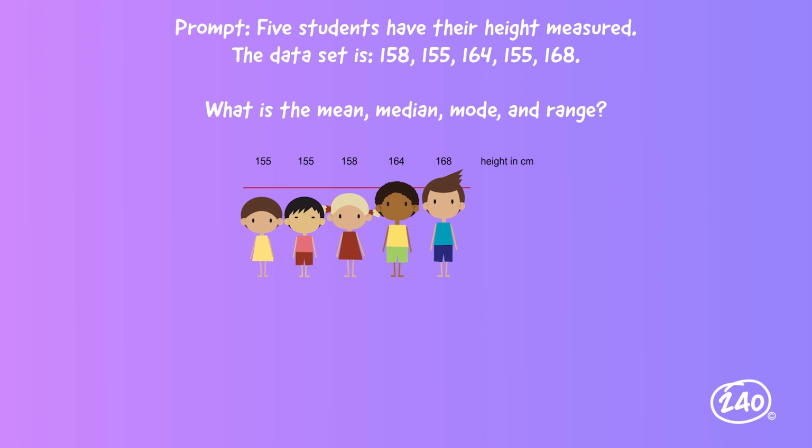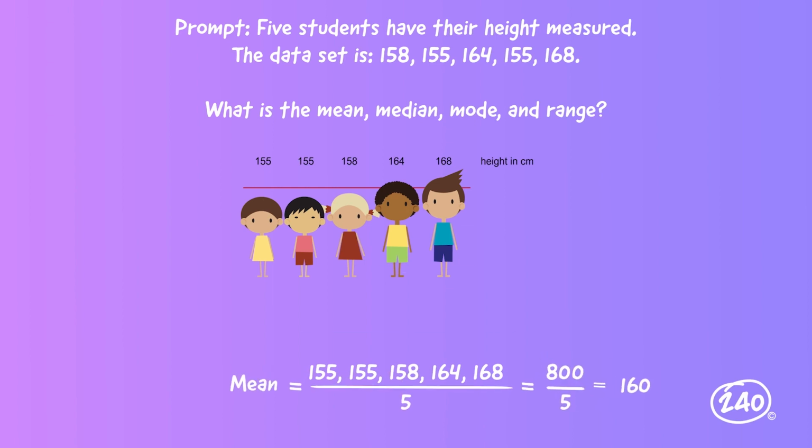Okay, first, rearrange the data set from least to greatest. The mean is the average, so all these numbers added up, divided by the number of data points, or in this case 5, gives us 160. The median is the middle value, so 158. The mode, that is the number that appears most often.